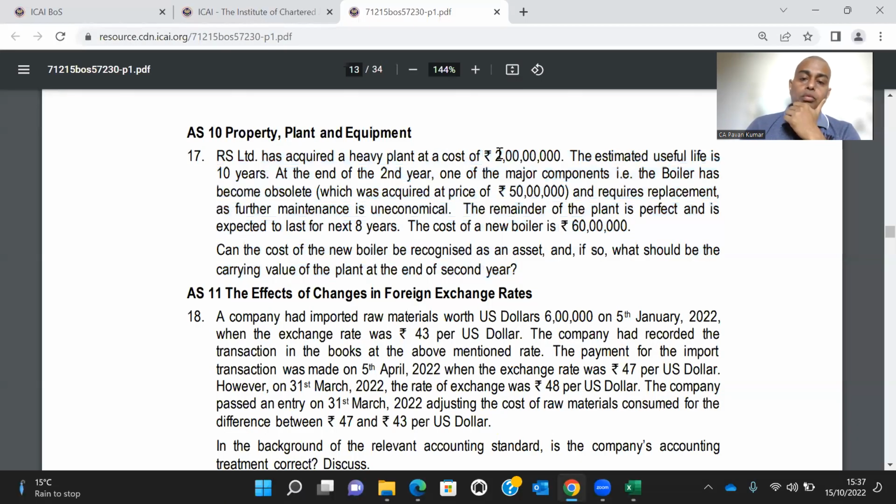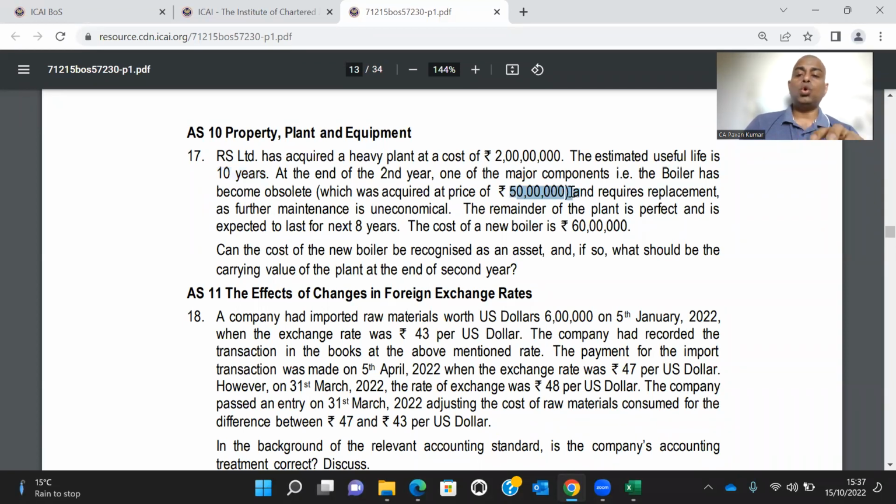Now look here. This 2 crore rupees includes one boiler whose cost was 50 lakhs on the date of acquisition. If this is 10 years, this is also expected to be 10 years unless otherwise mentioned.